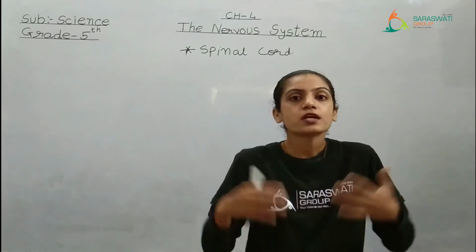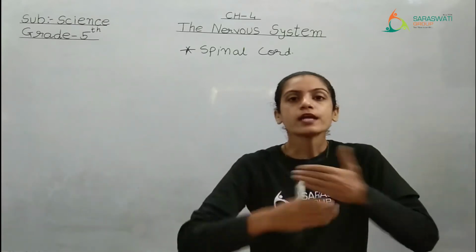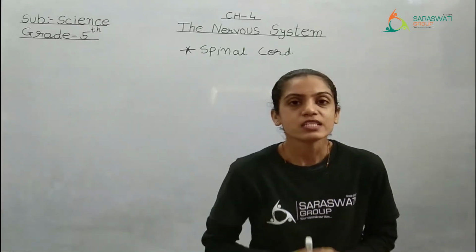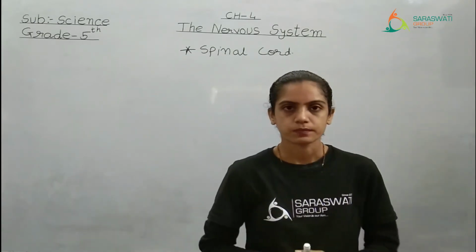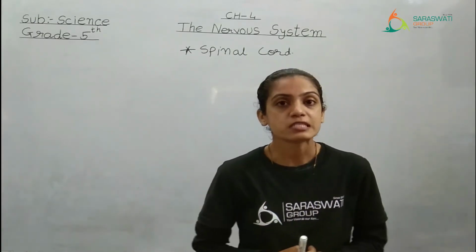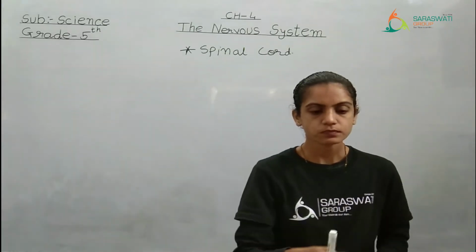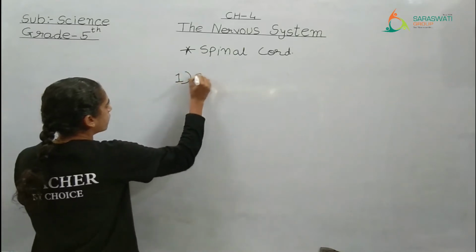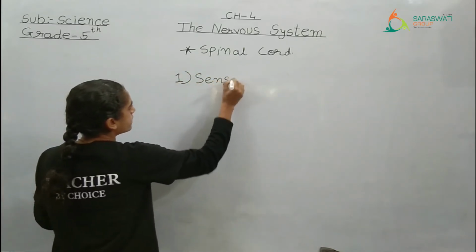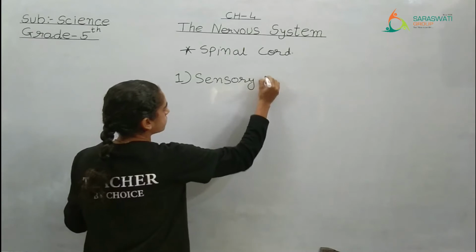They are having different work. According to their work, these all nerves are categorized into 3 categories. So one by one we will start with that. See the first one. What is the first one?